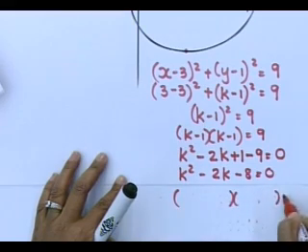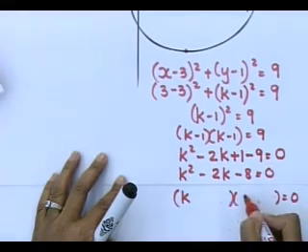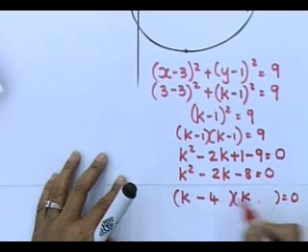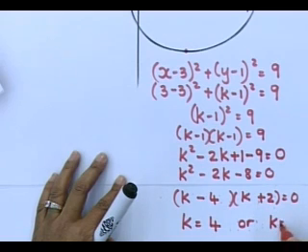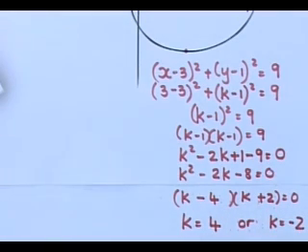Open up your brackets and you have k minus 4 and k plus 2. K is equal to 4 or k is equal to negative 2. Now there are some, Victor, you and Sonwabile, you are so clever, and then you took k equal to 4.